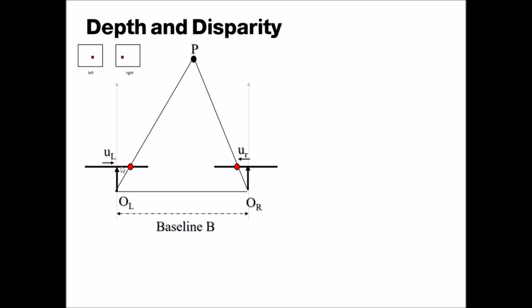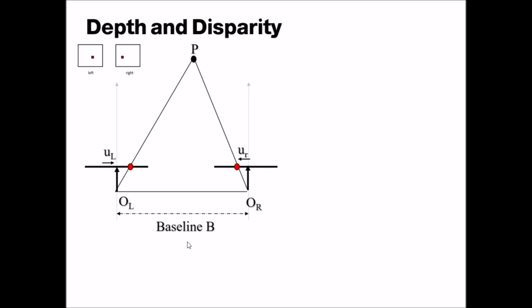Because the camera's Z axis should be like this, but this object is taken on this side, so you can see the change happened on that side from left to right for the camera on the left side. Also you can see this object in the image happened on this side. So the moving of the information, or the X, is in this direction.